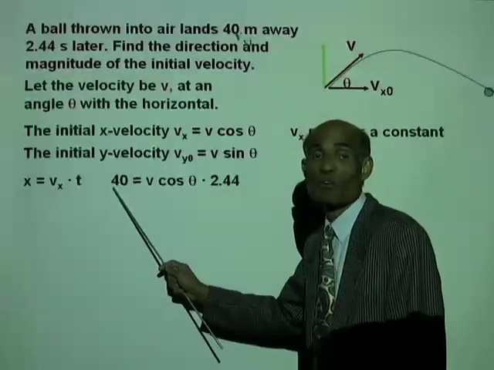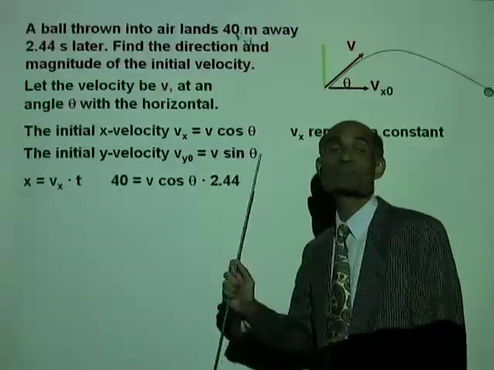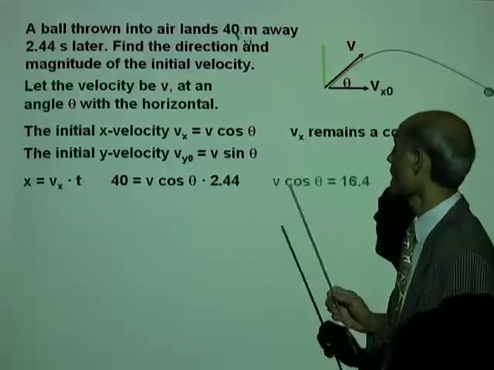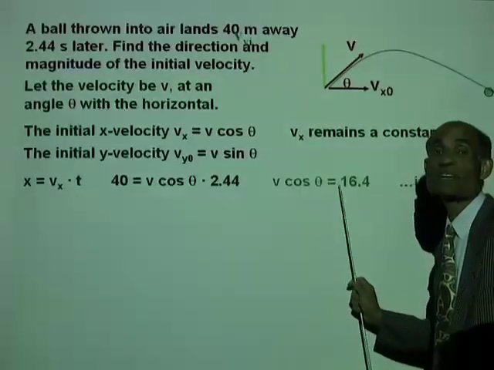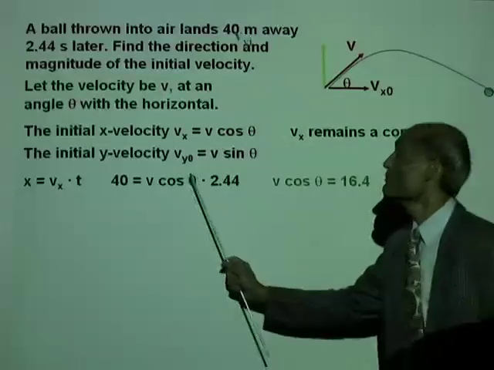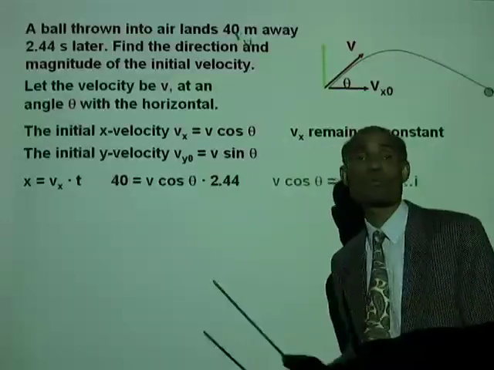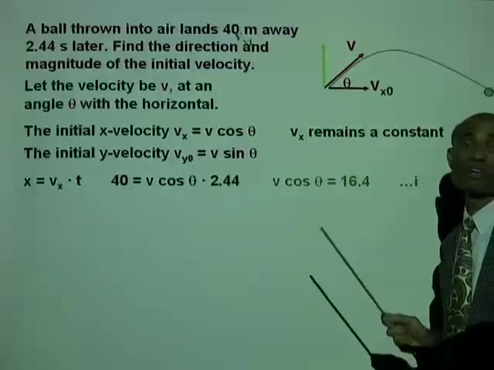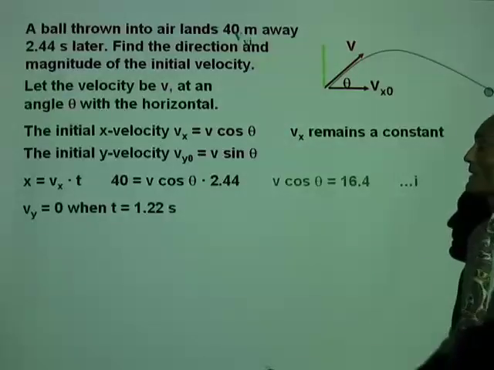So we have 40 equal to V cos theta times 2.44, and that gives us one equation. V cos theta equal to 40 divided by 2.44, or V cos theta equal to 16.4.